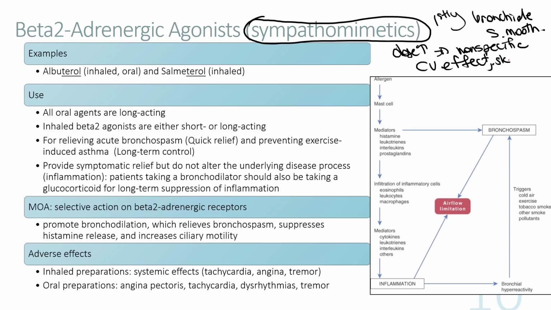And also skeletal muscle. So let's look at that. Just some examples of Beta2-Adrenergic agonists are albuterol and salmeterol. And they can be either inhaled or they can be oral, right?